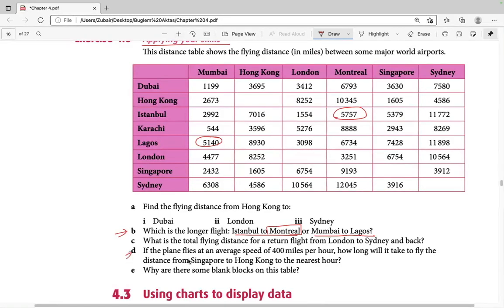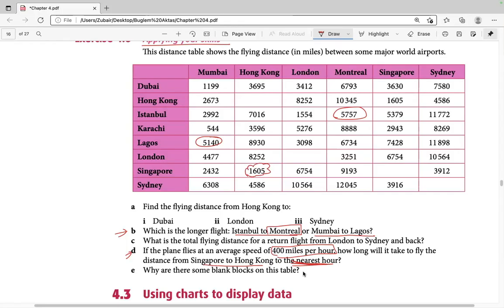D part says if the plane flies at an average speed of 400 miles per hour, how long will it take to fly the distance from Singapore to Hong Kong to the nearest hour? Singapore to Hong Kong. Do you know the formula for time?